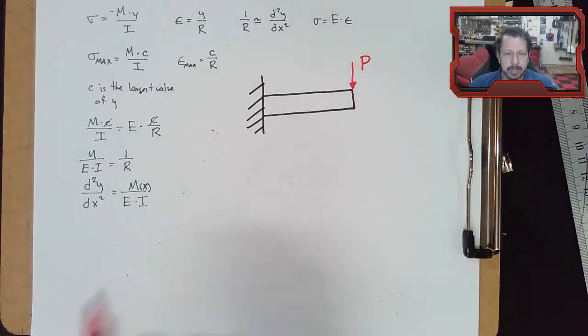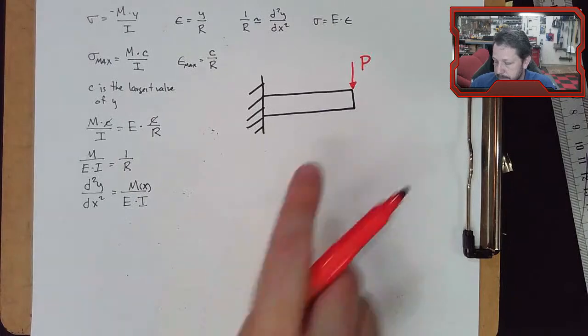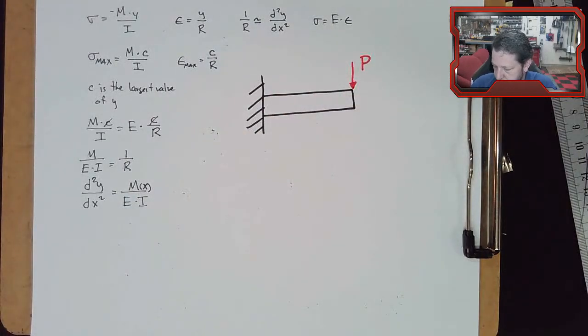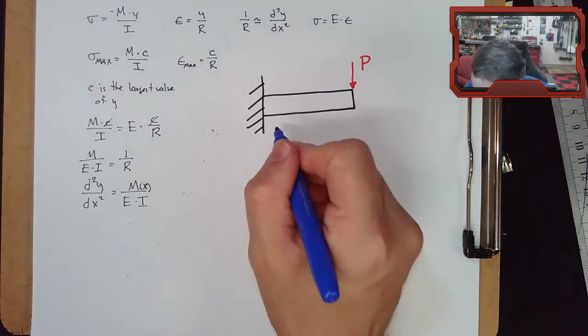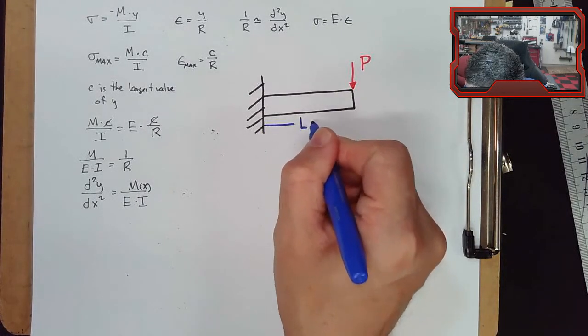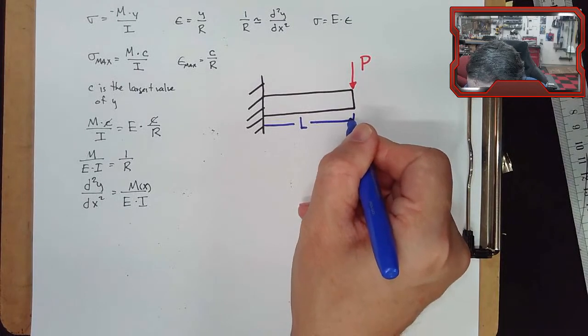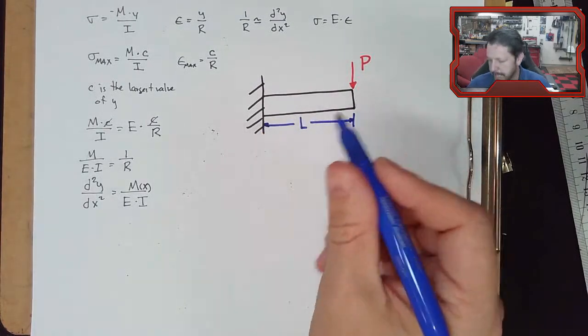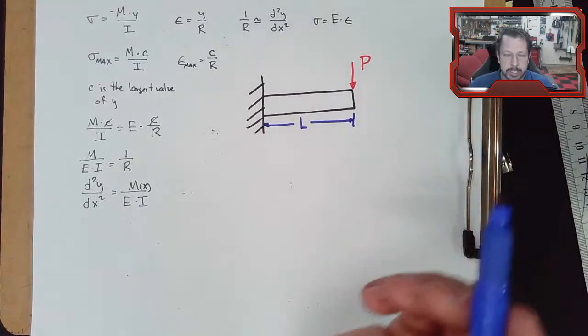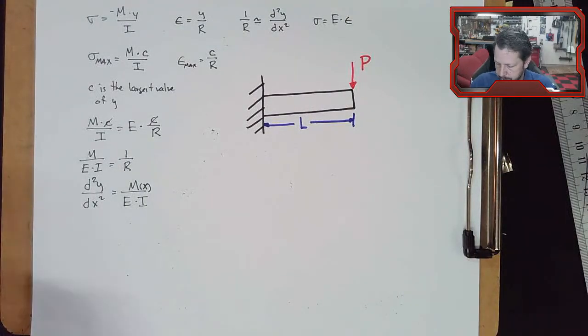So I'm going to keep it in variables so that we're not actually solving a very specific one. We are solving the specific case of a cantilever beam, point load on the end of it, and the beam is L units long. That is a specific case, but we don't have a value for L or P, so we are generalizing a little bit.